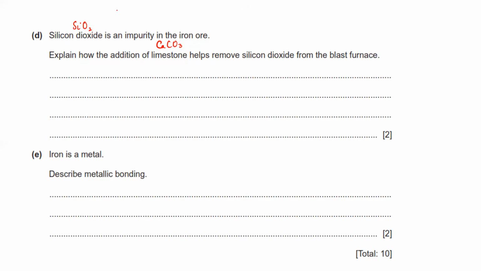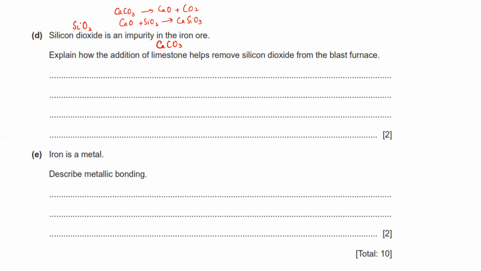Let me write here. This is calcium carbonate. So you are heating it, it is forming CaO plus CO2. And this CaO reacts with silicon dioxide to form calcium silicate. So this is what exactly is happening.